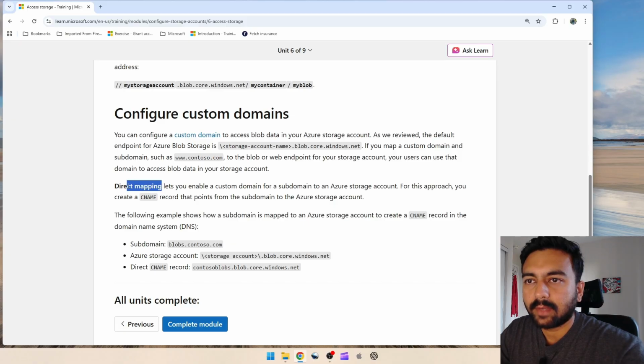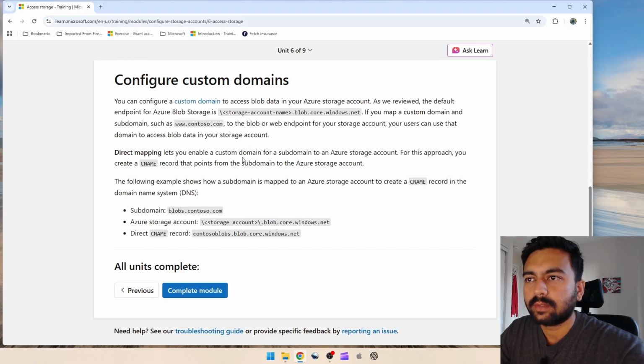And then there is a direct mapping. What does that do? You enable a custom domain for a subdomain to an Azure storage account. So if you have a domain and then a subdomain underneath, you can use direct mapping, with a CNAME record that points from the subdomain to the Azure storage account.